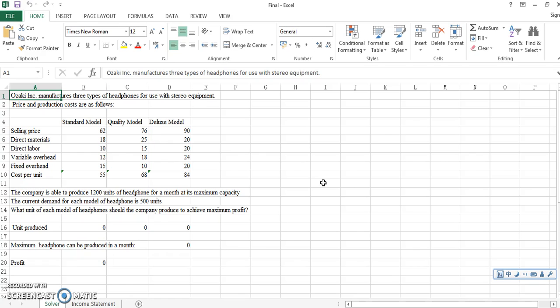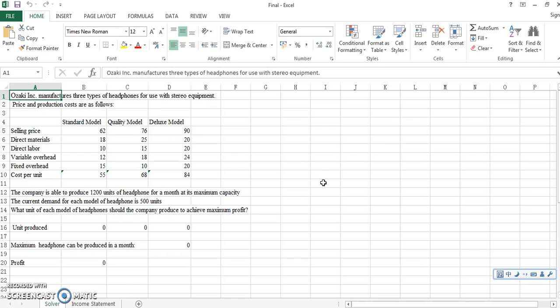So for solver, the data I'm using is from one of the accounting classes I took last semester. It's called cost accounting, and it also has a different name called managerial accounting. This is the accounting within the management side of the company.